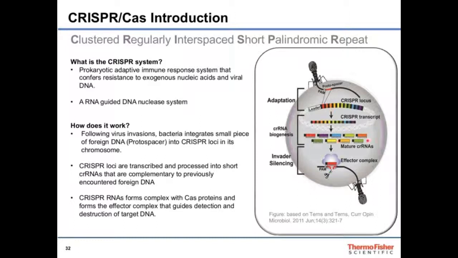And these are then processed into small RNAs. These are called CRISPR RNAs, and they reside in the cell. The next time that cell population is infected by one of these phages, now the cell can use these RNAs to recognize the phage genome in complex with the Cas9 protein and actively destroy that phage genome. That's protecting the population from further infection.